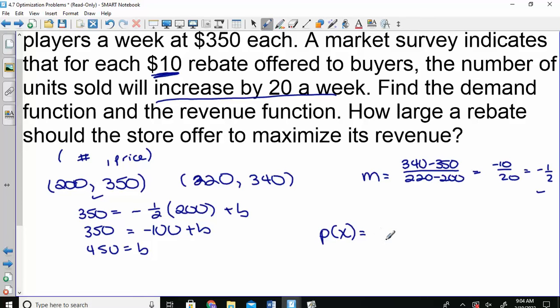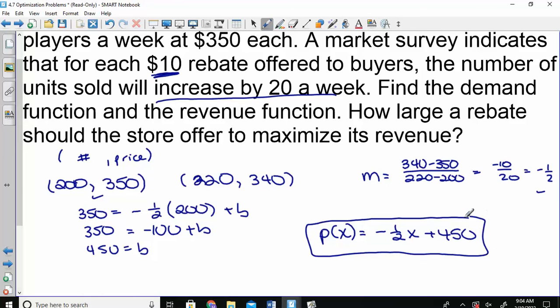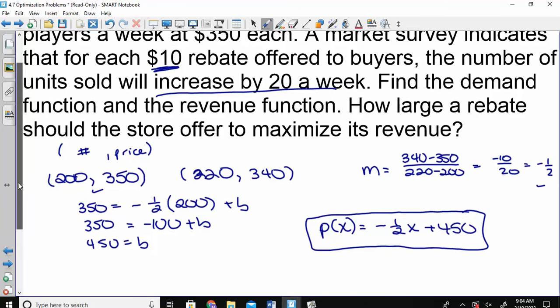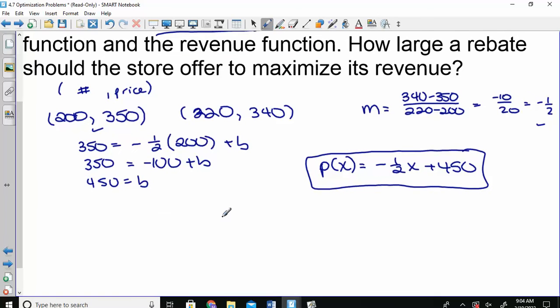So our price function, or the demand function, that's your lowercase p, is negative 1/2 x plus 450. Then I asked you for revenue. What is revenue?